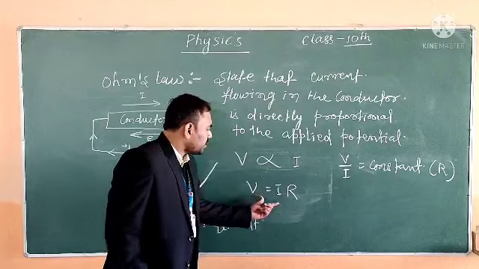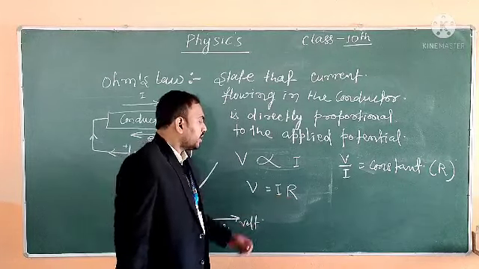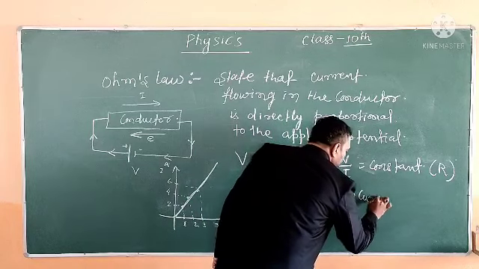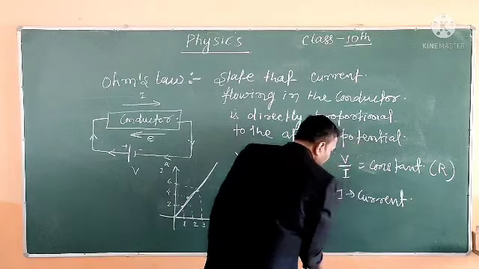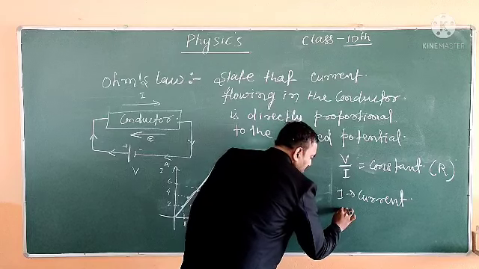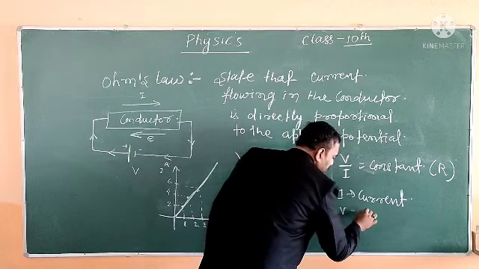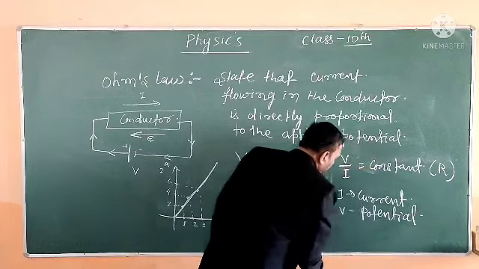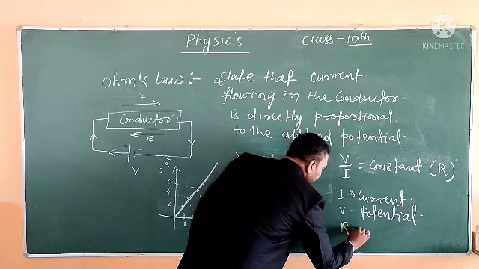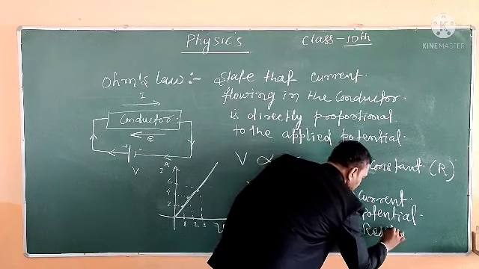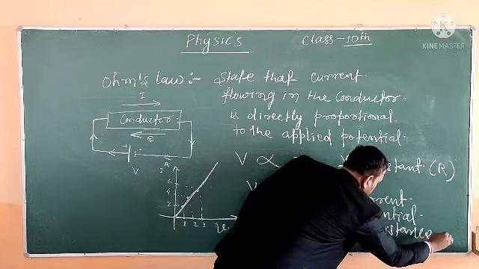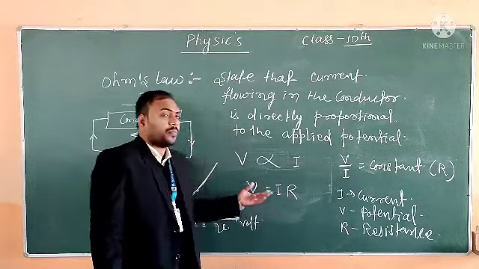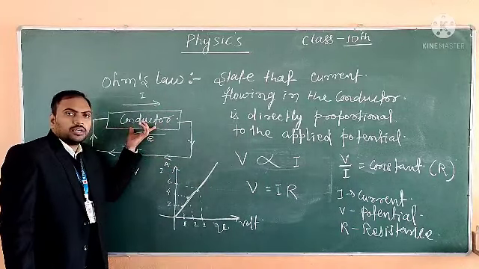So V is equal to IR. Here I is current in the conductor, V is potential across the conductor, and R is resistance offered by the conductor.